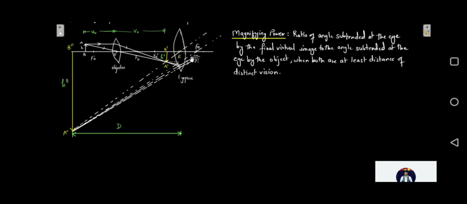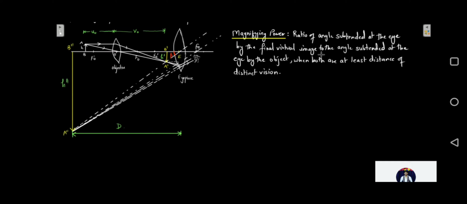So I will consider that the angle subtended at the eye by the final image is beta. It will be the same. So this is beta, and the denominator will be what?